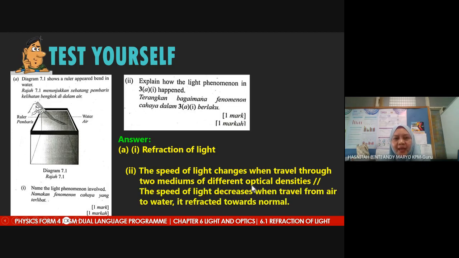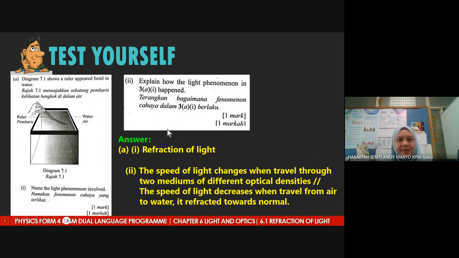Or you can say the speed of light decreases when travelling from air to water, so it refracts towards the normal. You can write the first answer or the second answer to explain how refraction occurs that causes the ruler to appear to be bent in water. Alright?